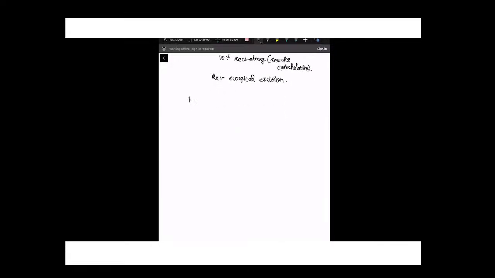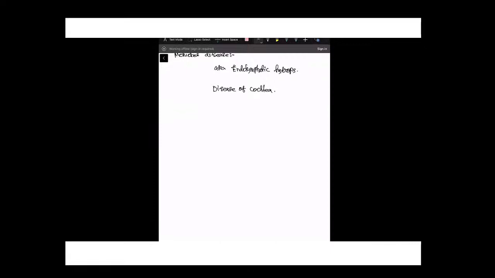And we have Meniere's disease, also known as endolymphatic hydrops. It is the disease of the cochlea.